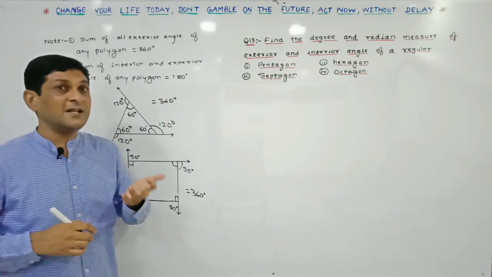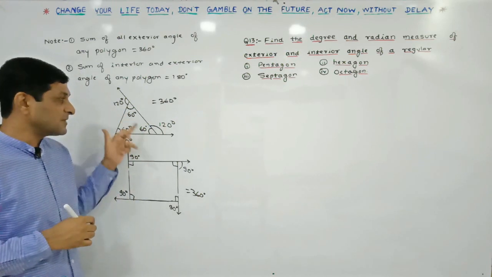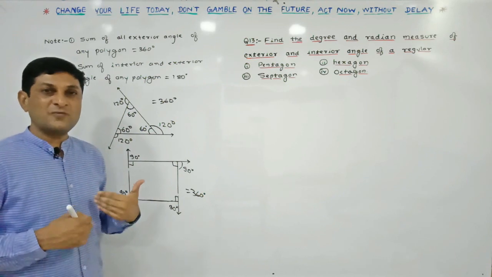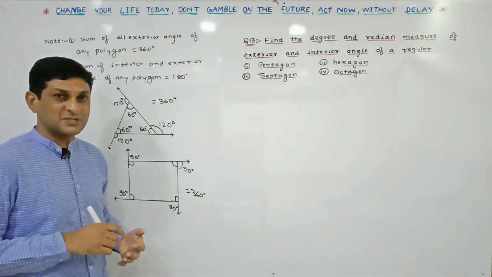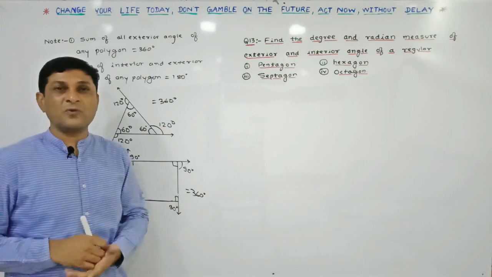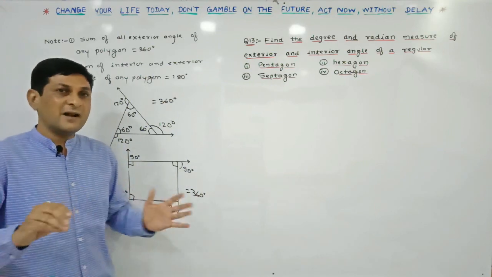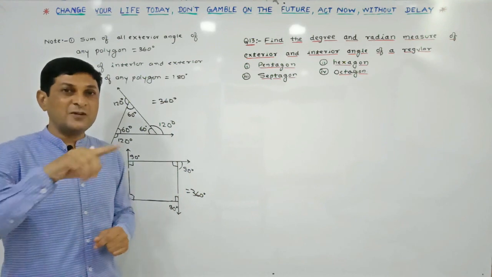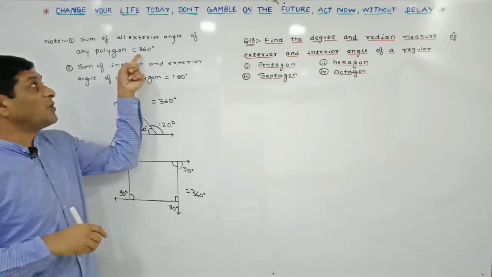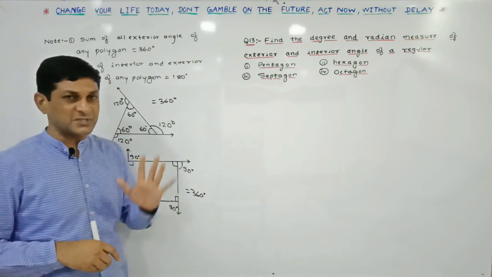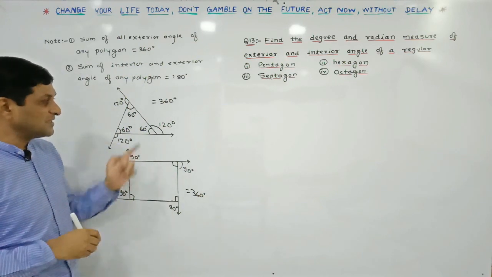Definitely sum of interior angle changes. In case of triangle, sum of interior angle is 180. In case of quadrilateral, sum of all interior angle is 360. In case of pentagon, sum of all interior angle is 540. So sum of interior angles are changing, but the sum of all exterior angle in any polygon is always equal to 360. So hope the idea about first result is clear.